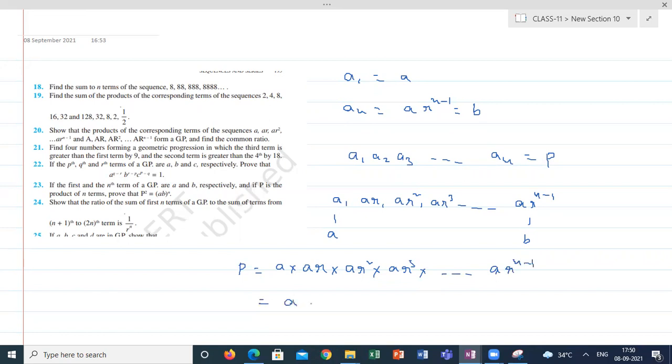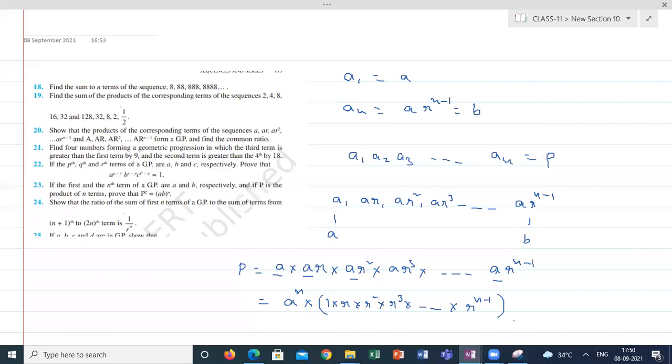This will be a, how many times is it multiplied? 1, 2, 3, and so on, n times. So a power n. Next, 1 into r into r square into r cube and so on up to r power n minus 1.